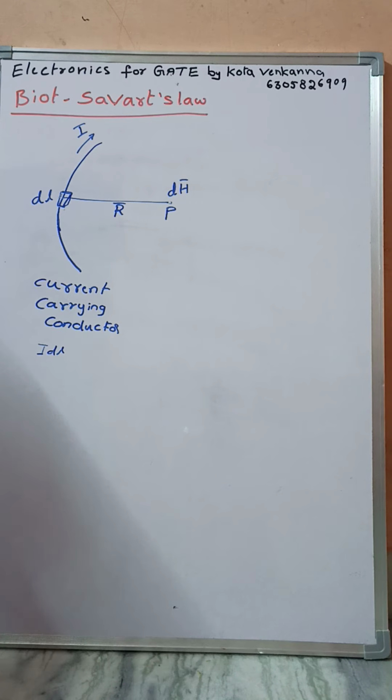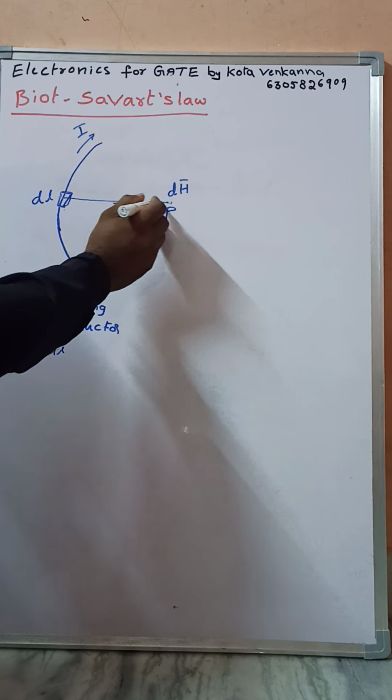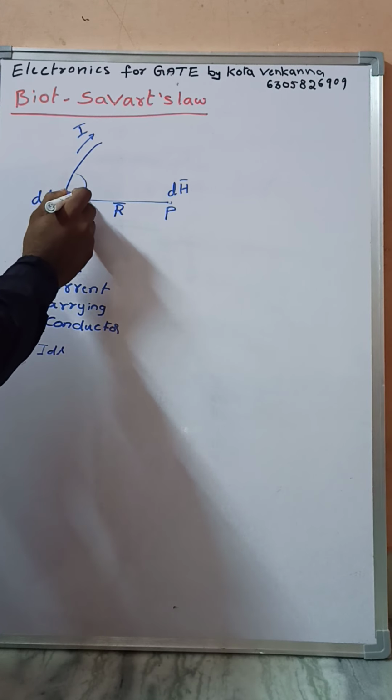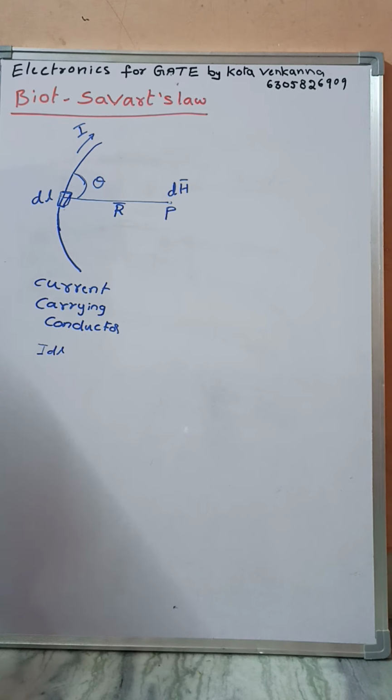The angle between the current element and the line joining point P is theta.